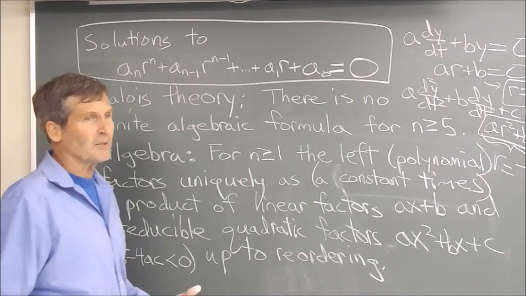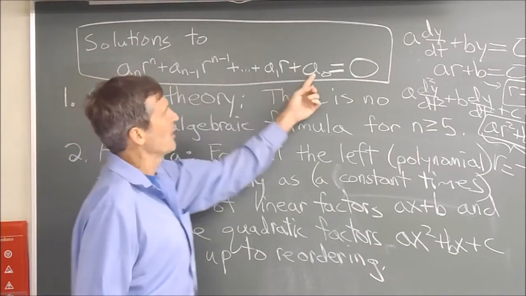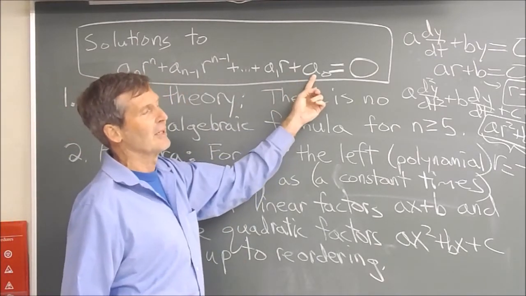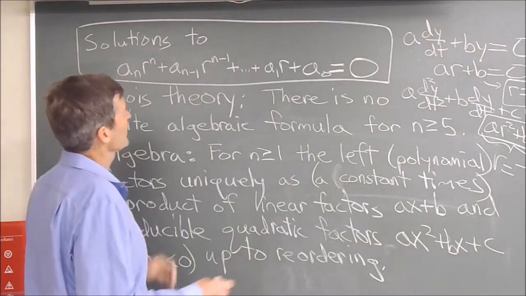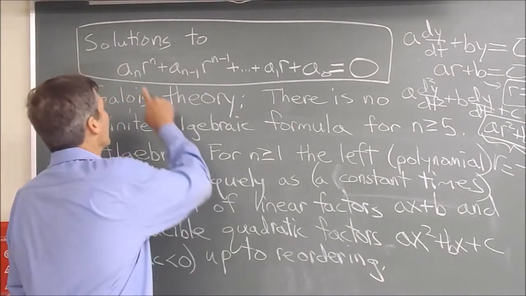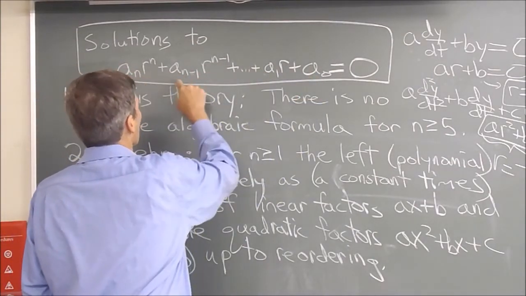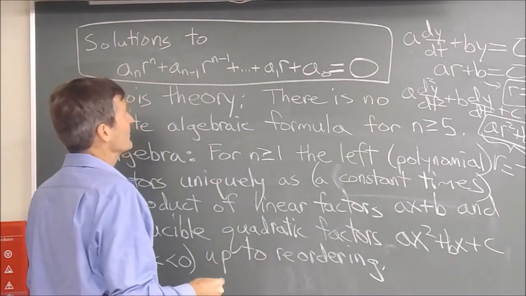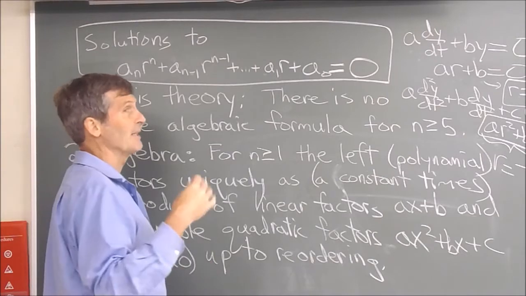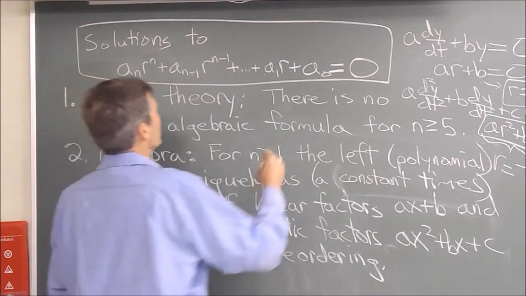All hope is not lost, because a lot of times you can kind of guess, depending on what these numbers are. Remember the rational zeros theorem, or rational roots theorem, it's called both. If these are whole numbers, say integers, numbers with nothing after the decimal point, then you can try and guess some fractions, some rational numbers that might be solutions.